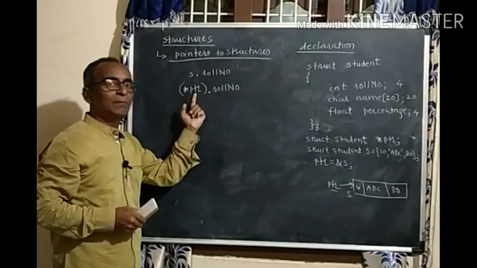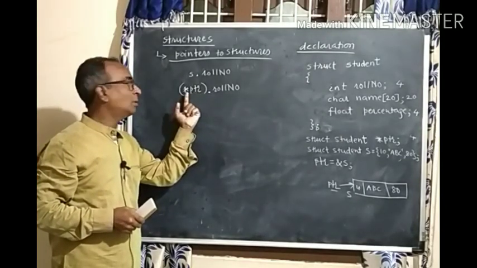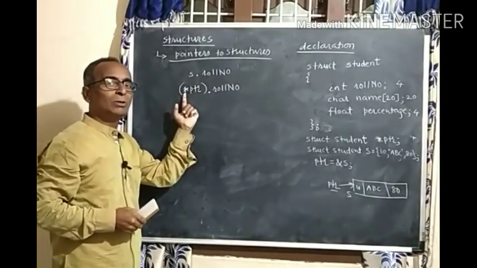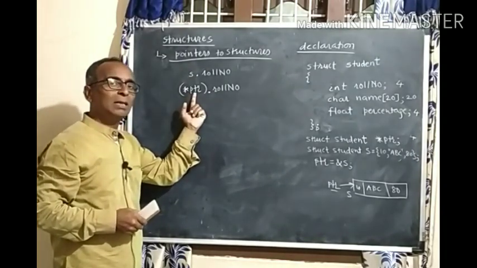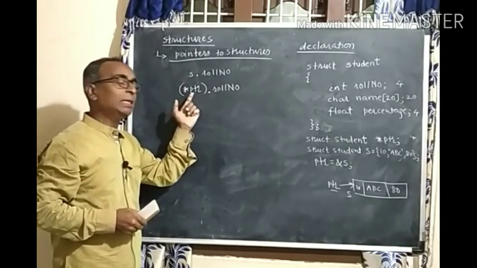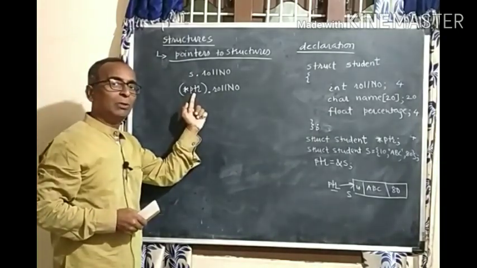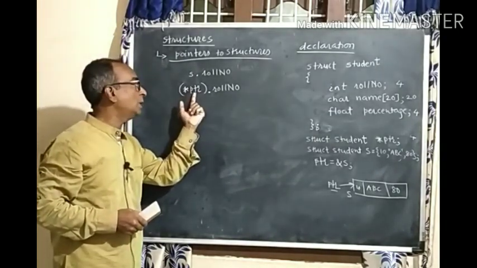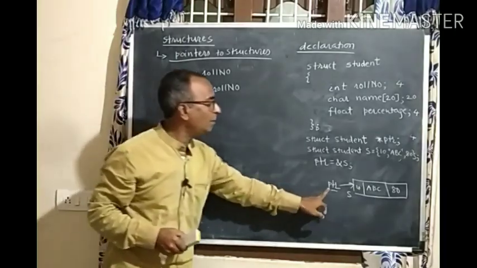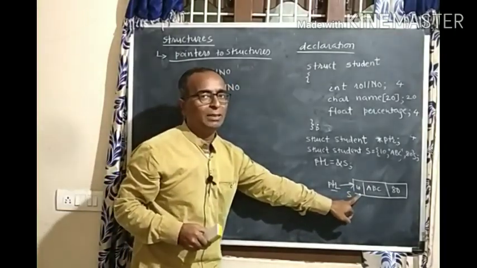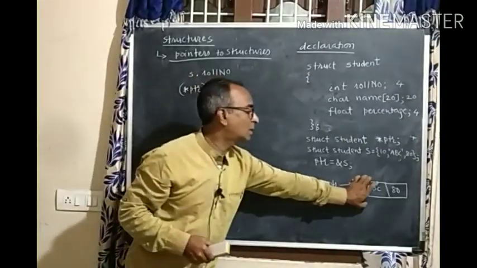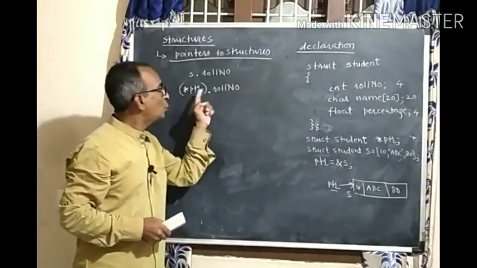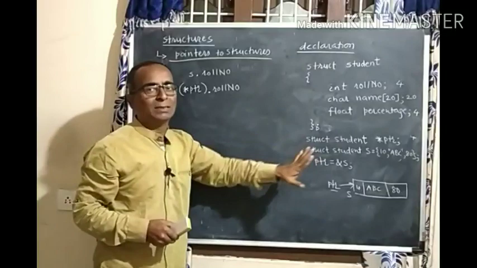Star ptr. We have seen already what is meant by this indirection operator star. What is star ptr? The value pointed to by ptr. Where ptr is pointing to this structure, right? So the value pointed to by ptr is this block, and its roll number field you are accessing.